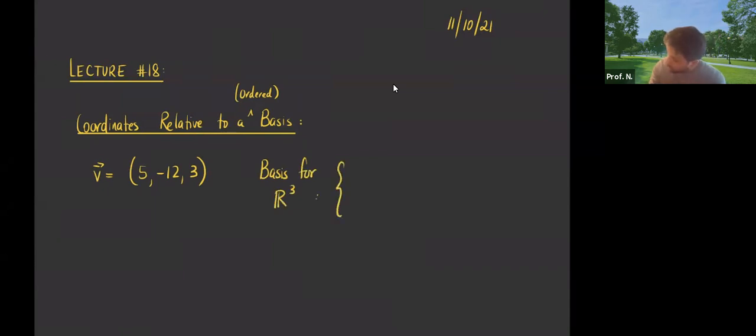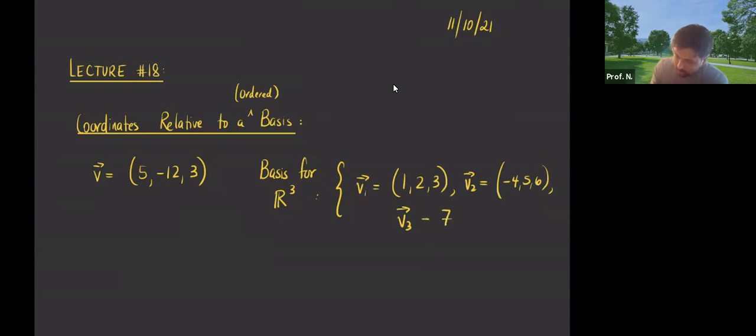Our basis is the set of vectors v1, where v1 is (1, 2, 3), v2, which is (-4, 5, 6), and v3, which is (7, -8, 9).